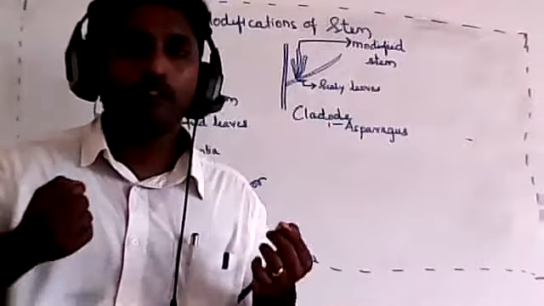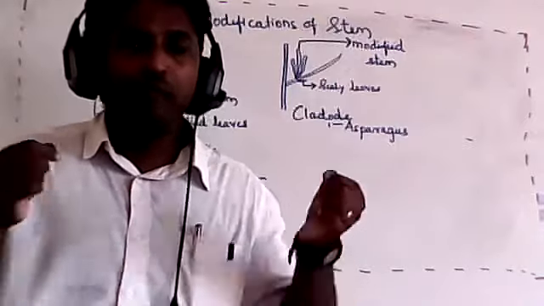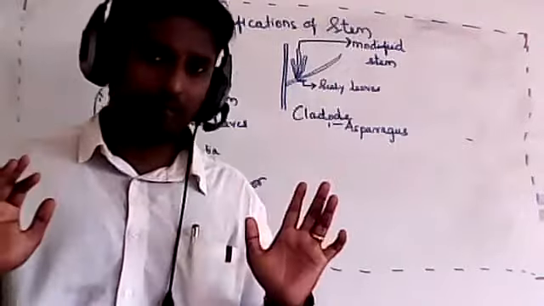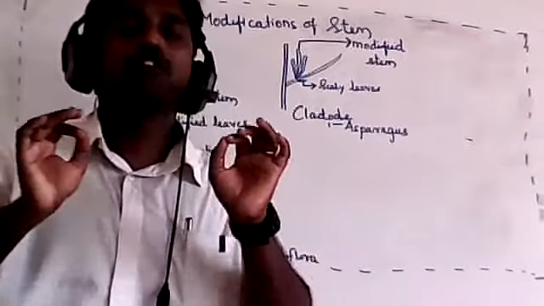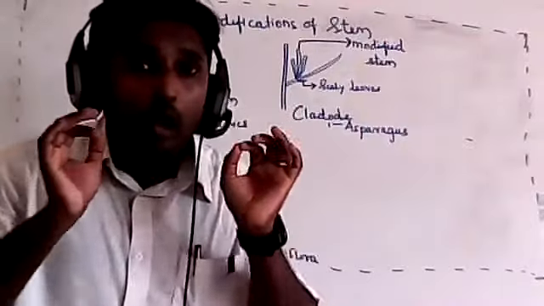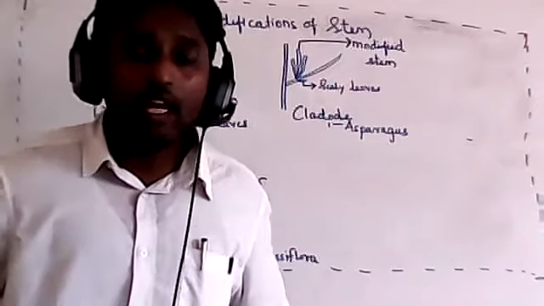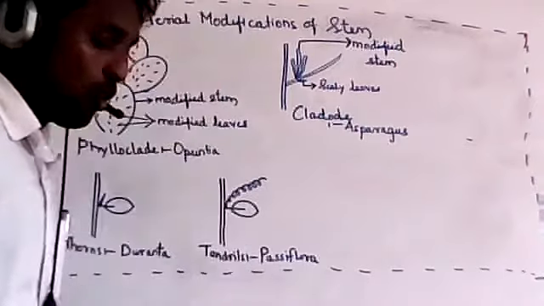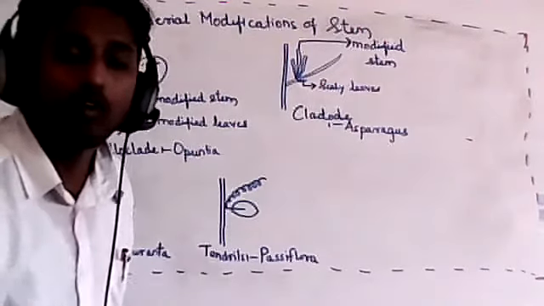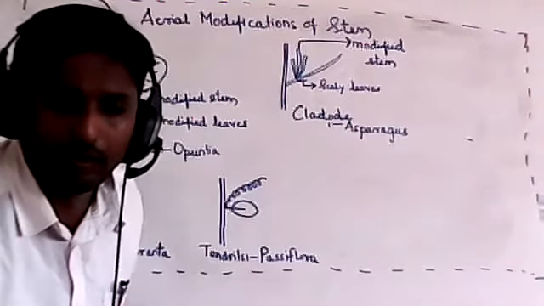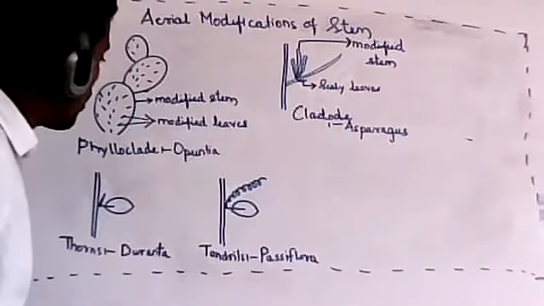Such stem modifications we call aerial stem modifications. That is, the stem modifications which are found above the soil are called aerial modifications. In these aerial modifications there are four types.